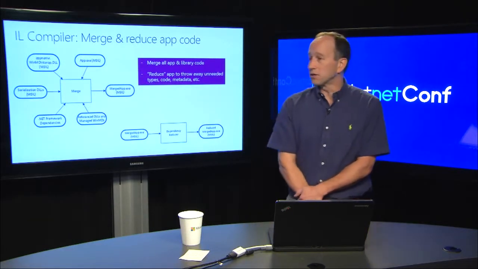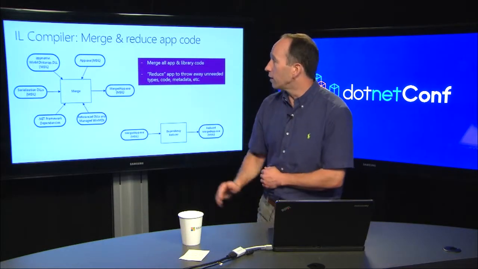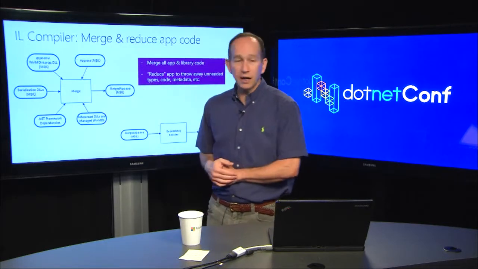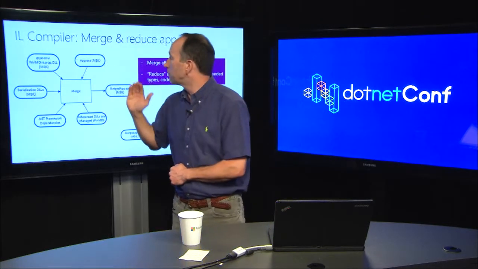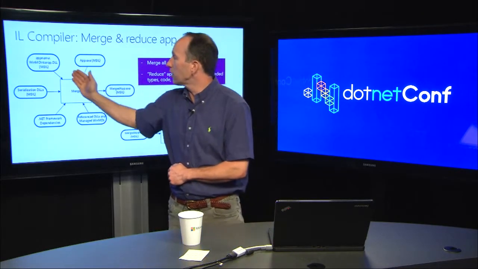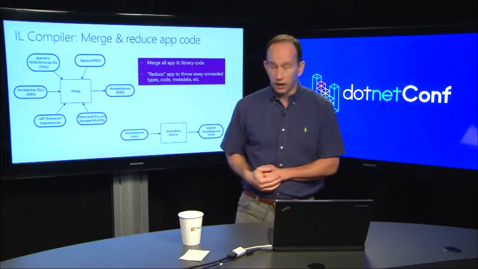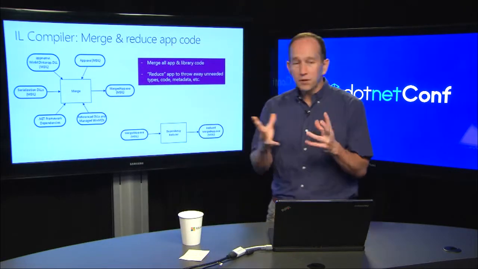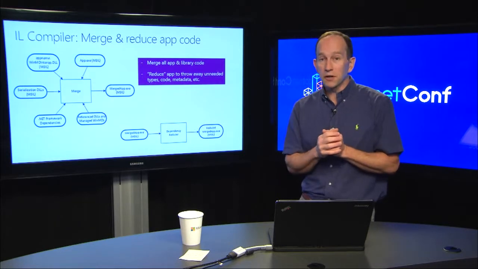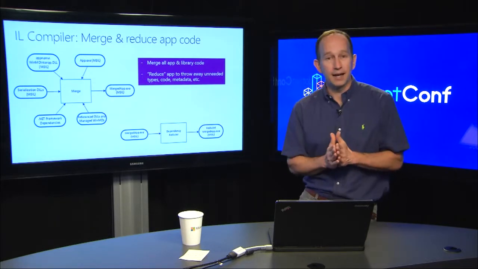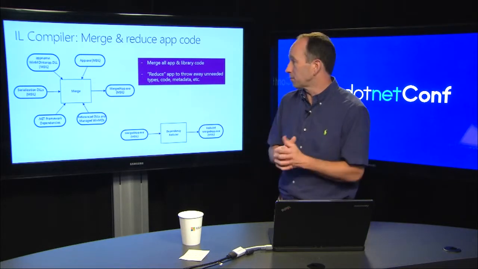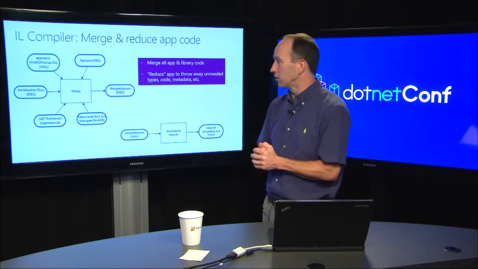The IL compiler. So at this point, we have your application, which is MSIL, and we have your interop DLL and your serialization DLL. So most of the code that we would be generating at runtime on the big .NET is generated as C# code and compiled into DLLs.